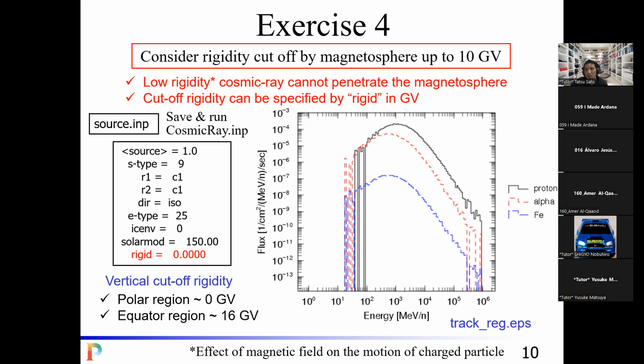This means a particle with rigidity below 10 gigavolt cannot reach a certain location. So low rigidity cosmic rays cannot penetrate the magnetosphere, and the cutoff rigidity can be specified by the rigid parameter in GeV. And maybe some of you never heard the term rigidity.